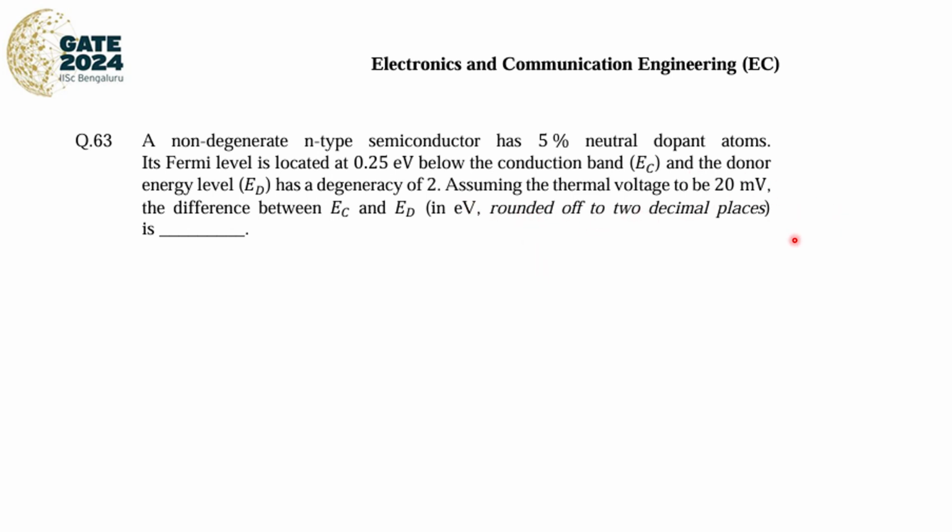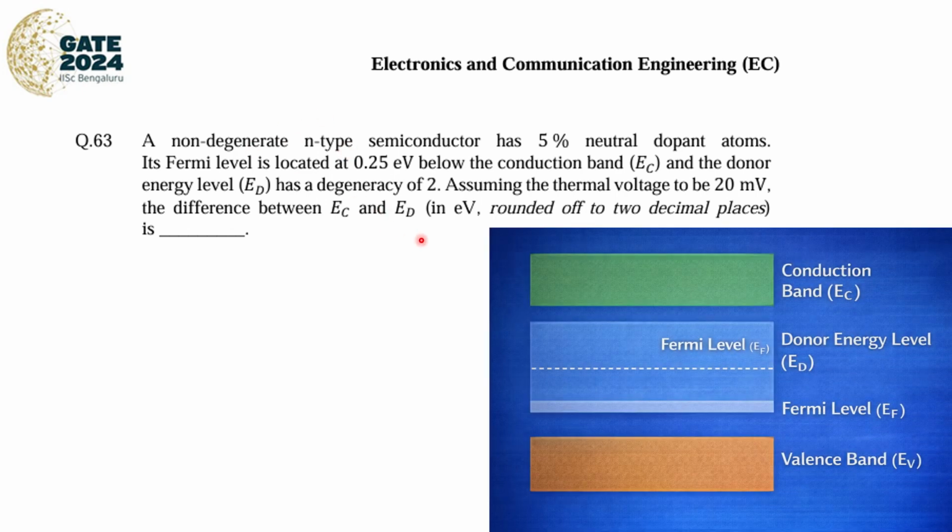Assuming the thermal voltage is 20 millivolt, what is the difference between EC and ED? So, the difference between the energy level of the conduction band and the donor energy level, right? It is n-type now, so definitely your donor energy level will be a little bit higher, and lower than the conduction band.